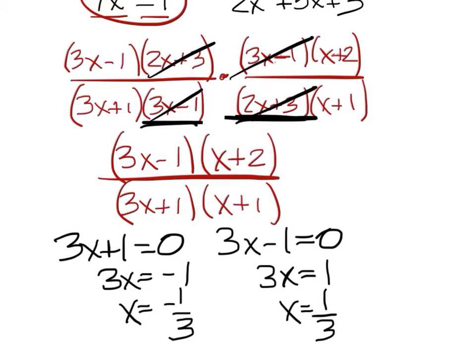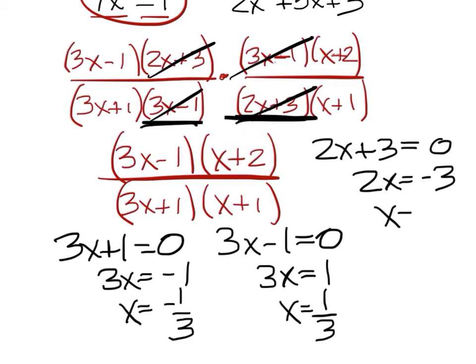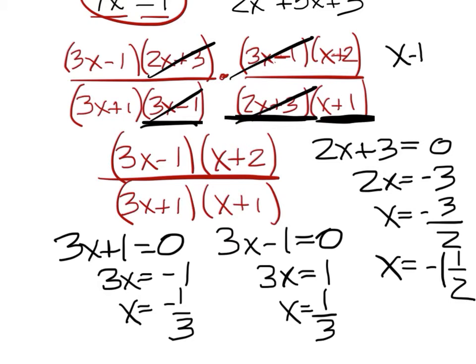And then here for this one, 2x plus 3 equals 0. So 2x equals a negative 3, which means x is a negative 3 over 2, or a negative 1.5. And of course we have this x plus 1, which is really simple. It's just going to be negative 1.